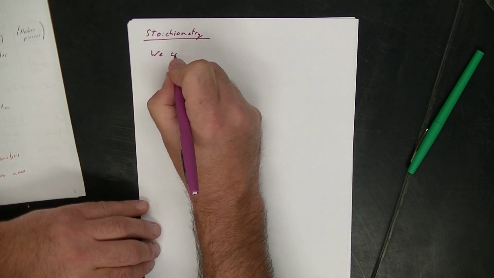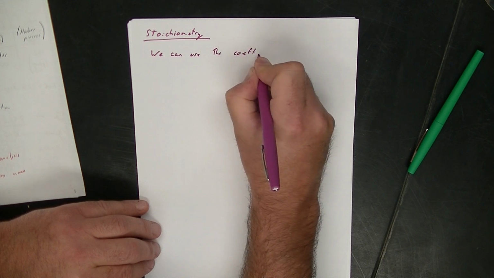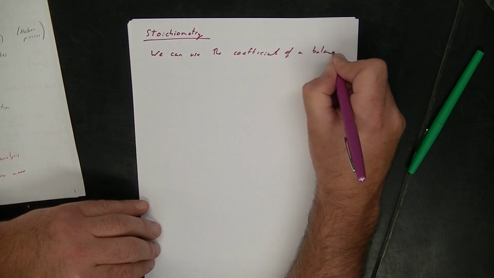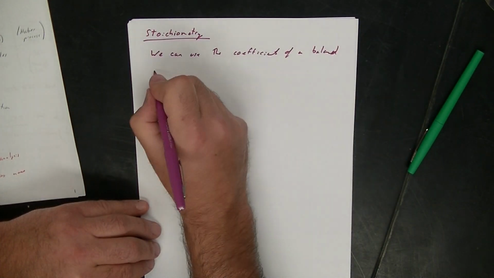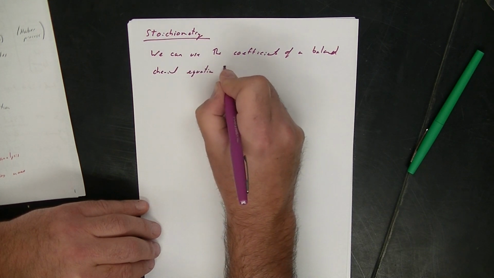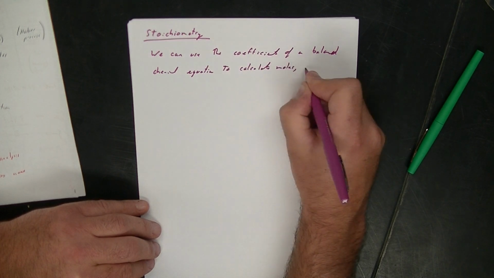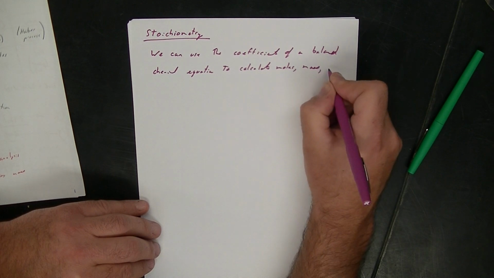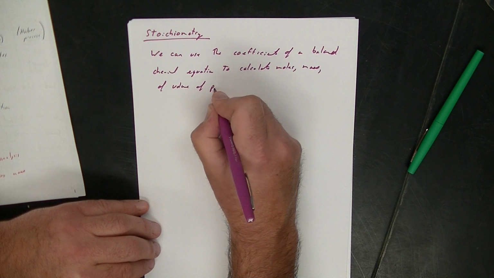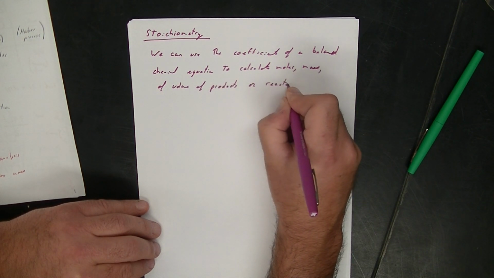So we can use the coefficients of a balanced chemical equation to calculate moles, mass, or volume of products or reactants.